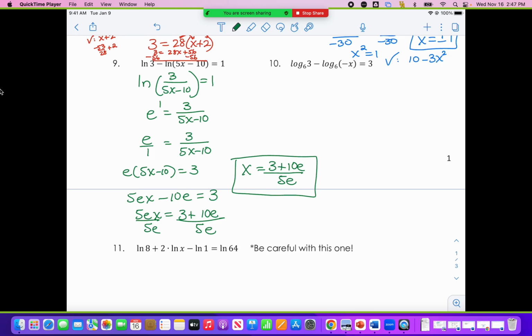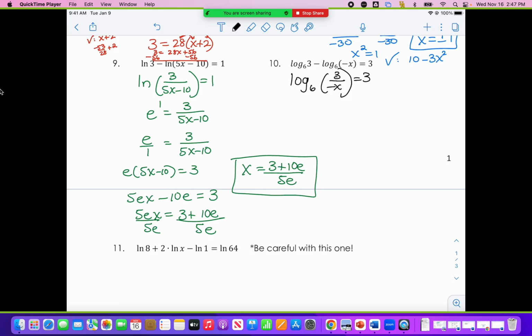All right, try number 10. All right, I'm going to start by condensing.